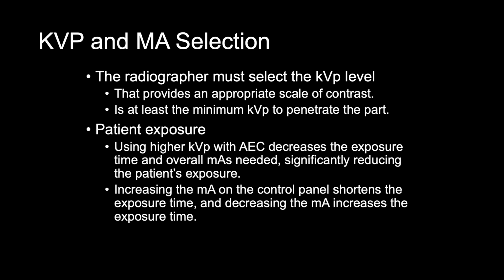The detectors are measuring the quantity of the radiation, so the preset amount of radiation exposure is reached sooner with a high kVp. So using a higher kVp with AEC is going to decrease the exposure time and overall mAs needed to produce a diagnostic image, which will significantly reduce your patient's exposure from radiation.